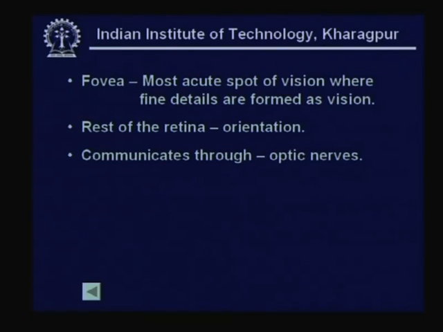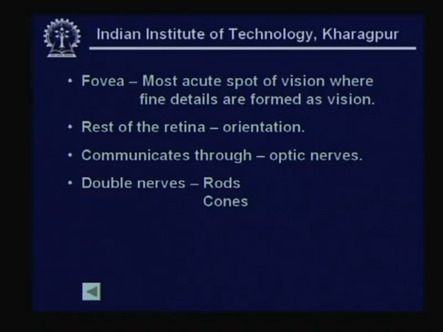In fact, I said earlier also, the seeing is done through the brain, though the optical light is collected through the iris, lens, retina system, but the feeling of the image formed there is with the help of the brain, and this communication is done through optic nerves.